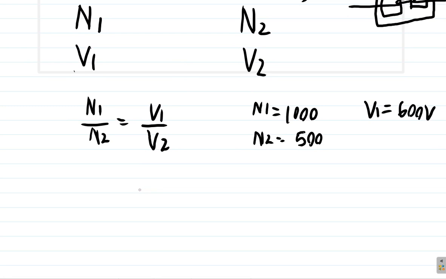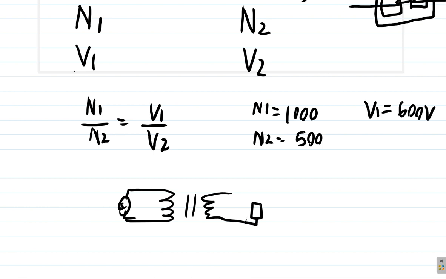So here you have the primary connected to the generator. You have the secondary connected to the load, whatever the load is. You have 600 volts applied. You know that N1 is 1000, N2 is equal to 500. What is the voltage applied to the load at N2?